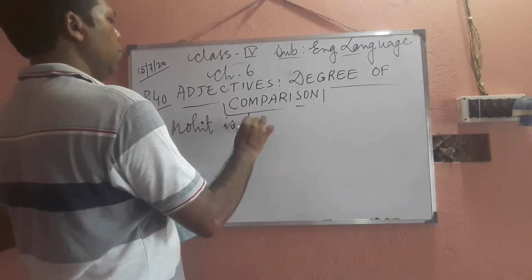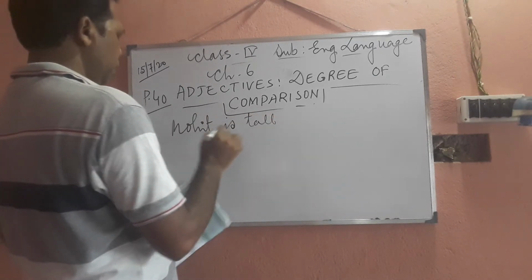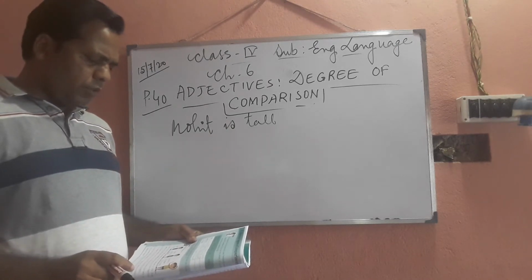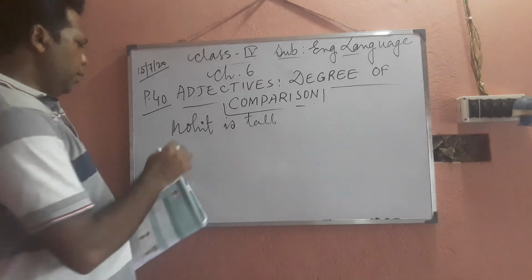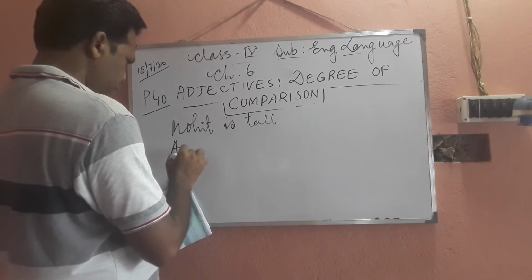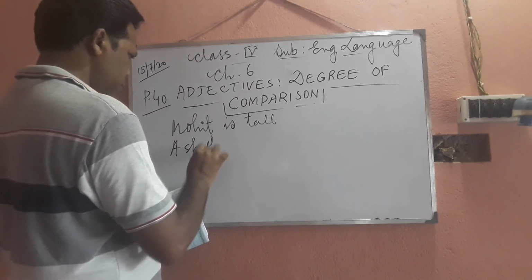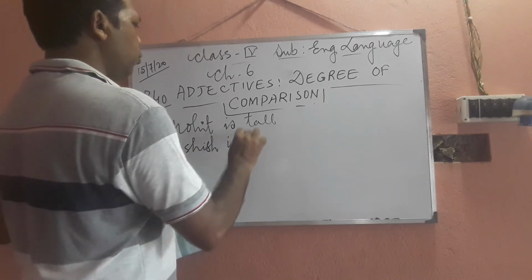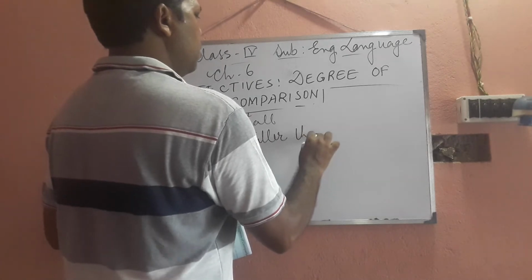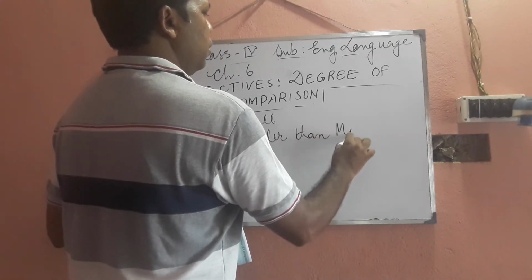Second one: Ashish is taller than Mohit.